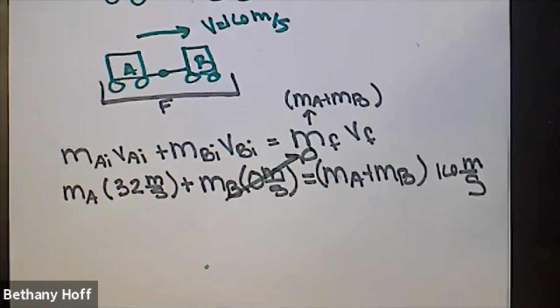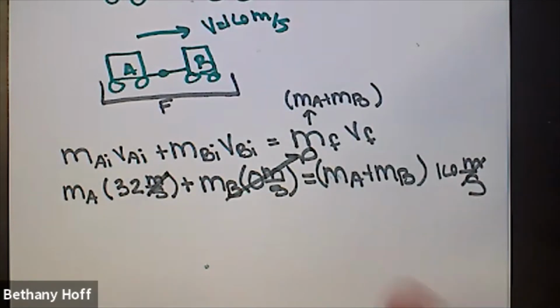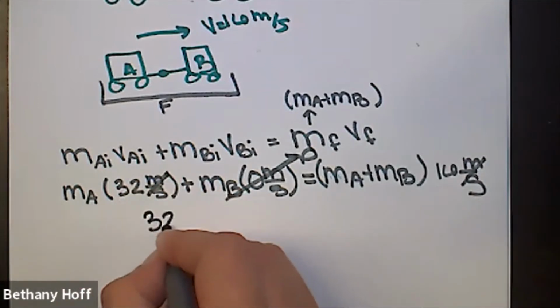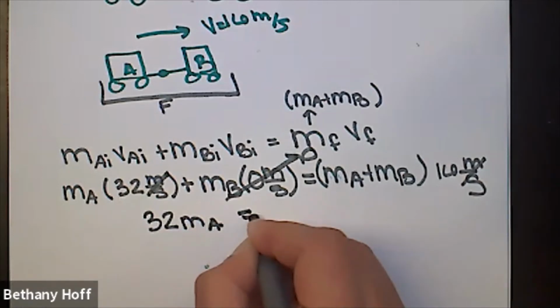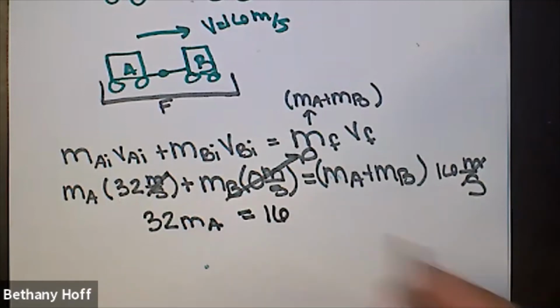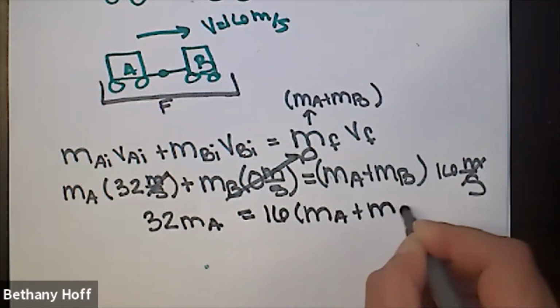And what we end up getting, our units cancel out. So if I were to simplify this, what we end up getting is 32 MA is equal to 16 times MA plus MB.